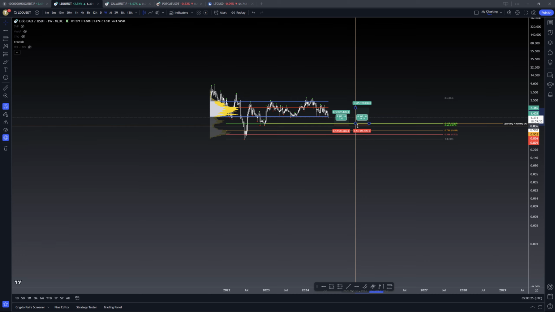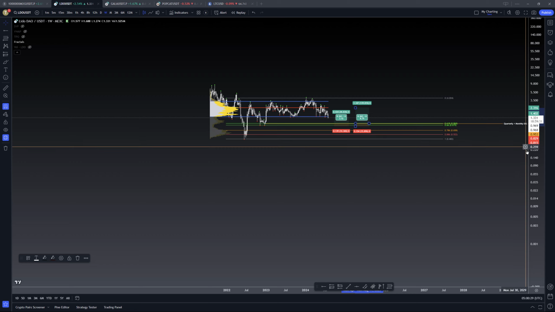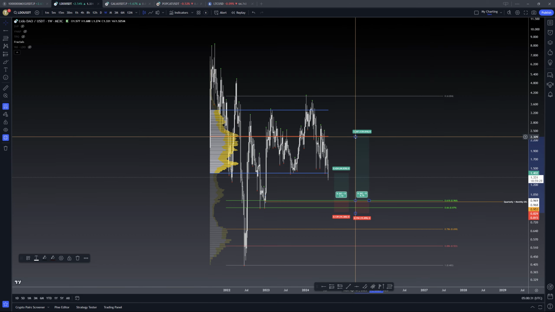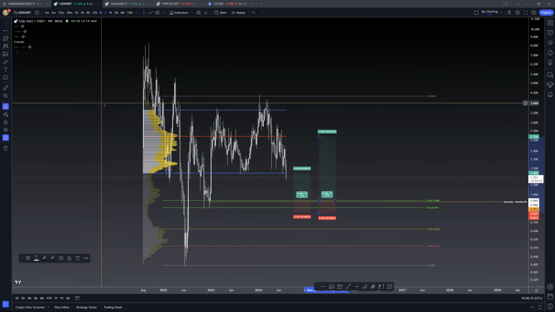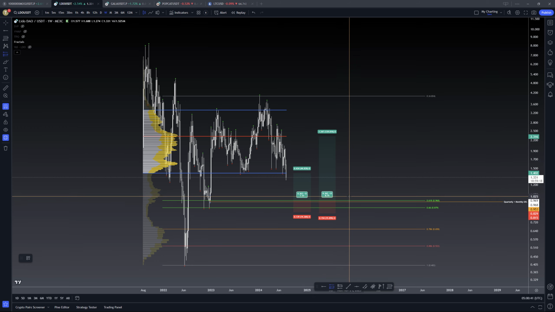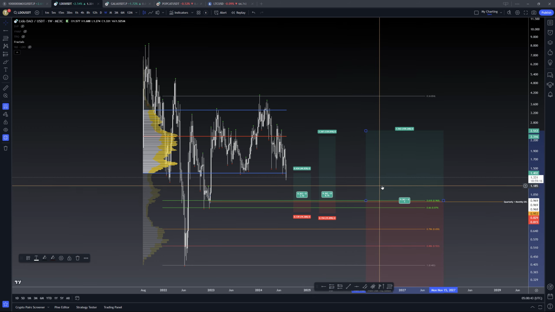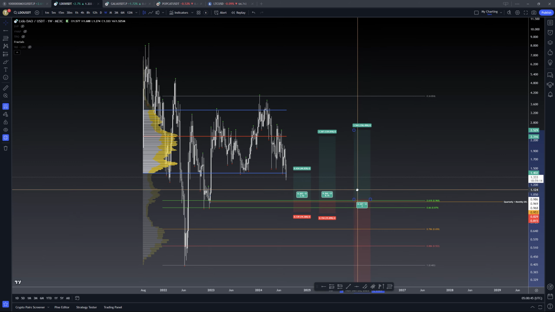Yeah, I'm going to be using this global volume profile as a place for how far we could essentially take this. It all depends on gaining acceptance.